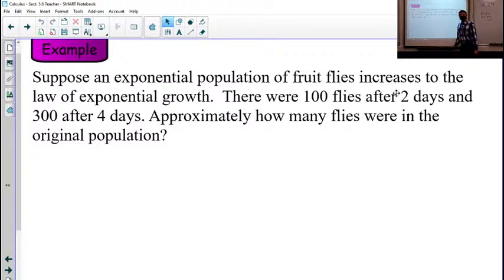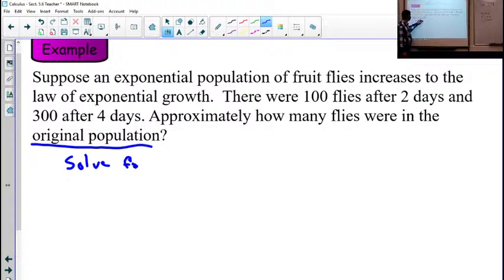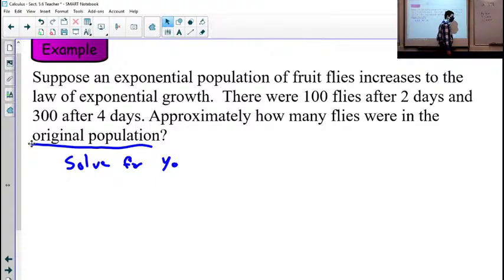So this time, we're trying to solve for y naught. So that's our equation that we're trying to solve for.